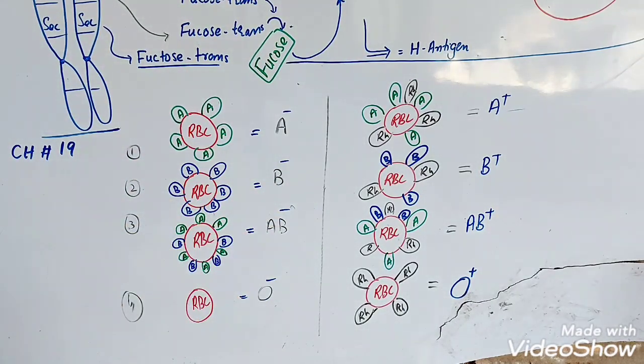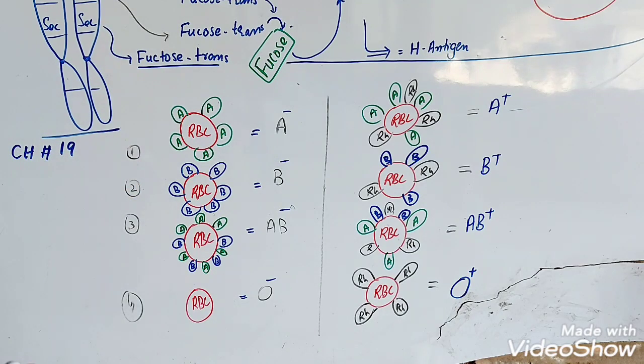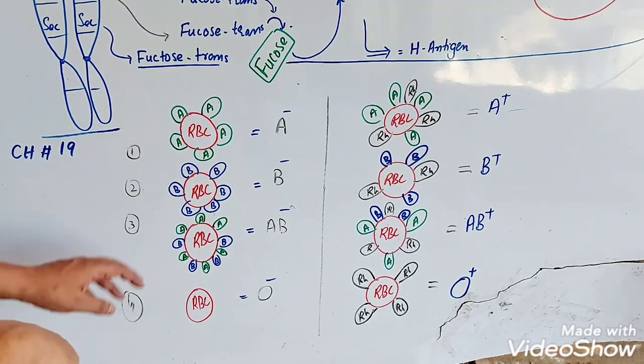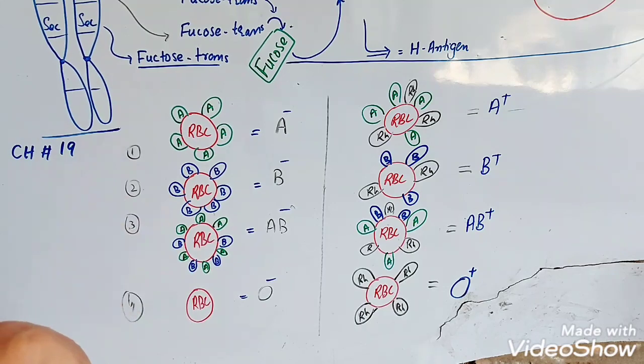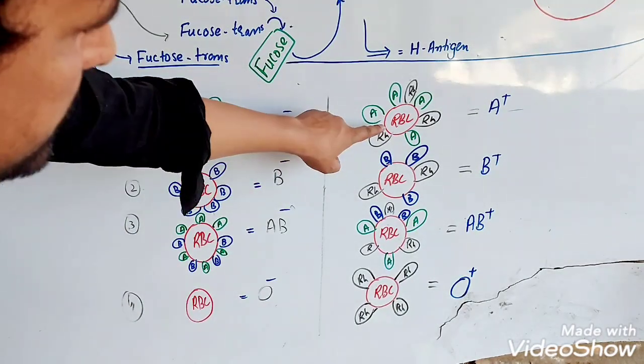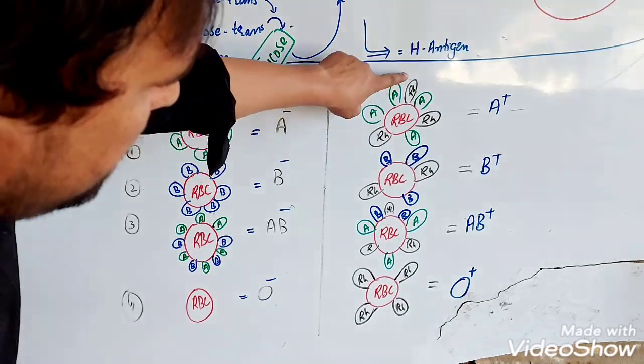So A negative, B negative, AB negative, O negative: the A, B and AB actually depend upon the presence or absence of antigens A and B, while the negative actually depends upon the Rh antigen. As you can easily see in these RBCs, the Rh antigen is not found, while on the other hand, in this section, both RBCs have antigen A as well as Rh antigen.